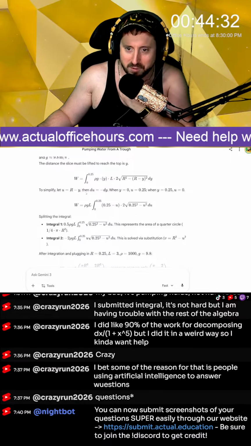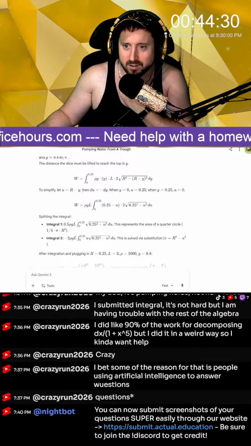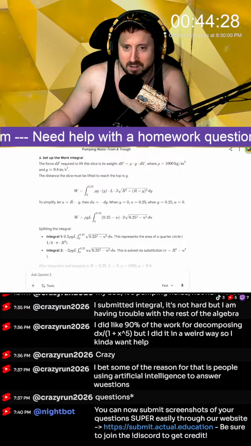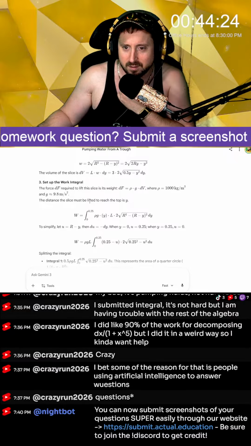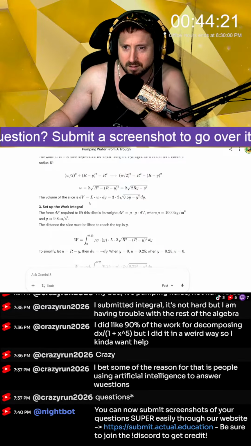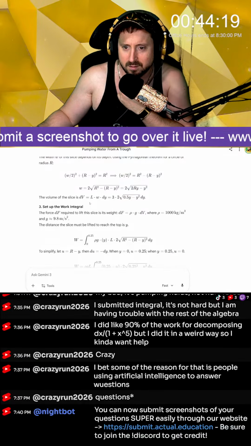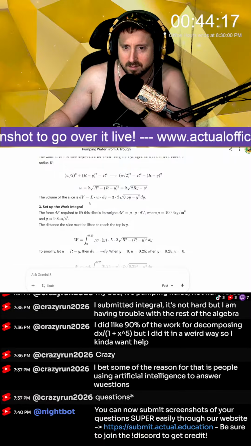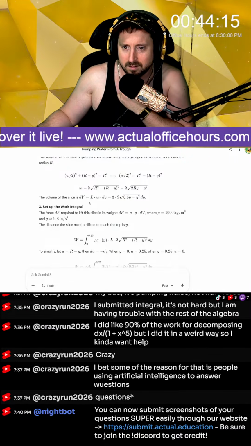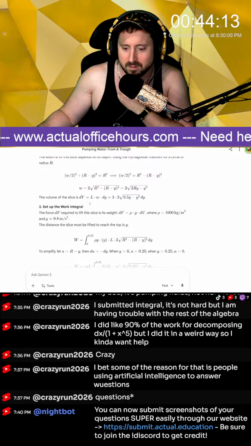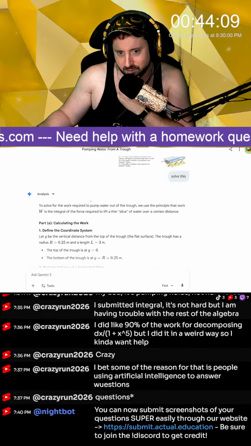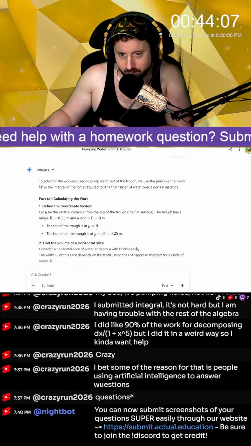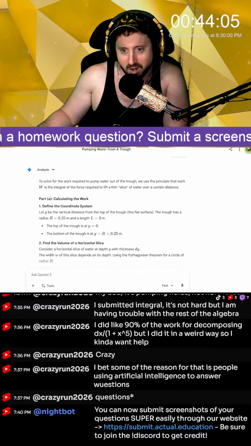To simplify, it does the u sub of let u equal r minus y. Interesting. I think it starts the top of the trough at y equals 0, and then it says the bottom's at y equals r.